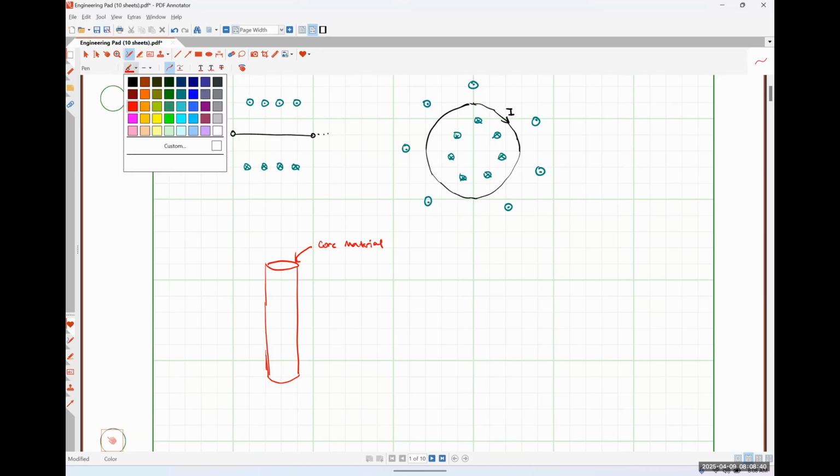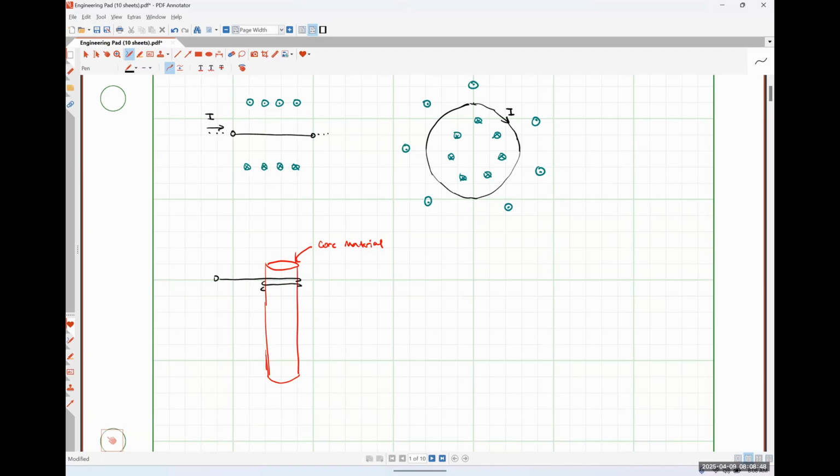And what we might do to a cylindrical core like this is take a section of wire and wrap it around it a whole bunch of times. Like so. And I'm going to say that there are n number of turns here.